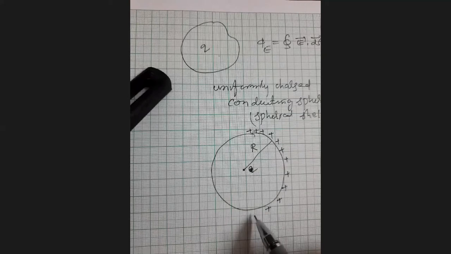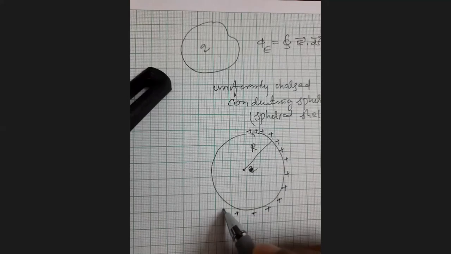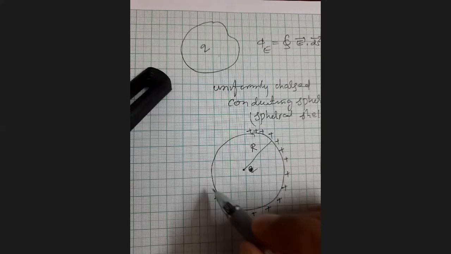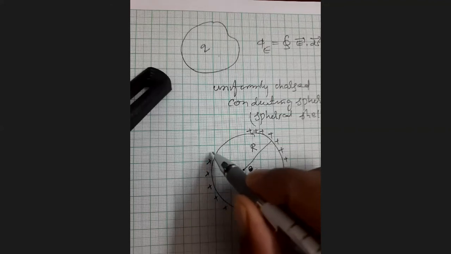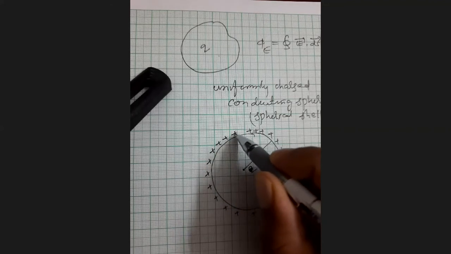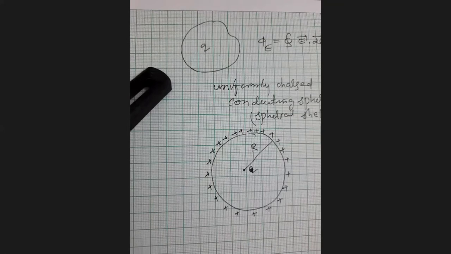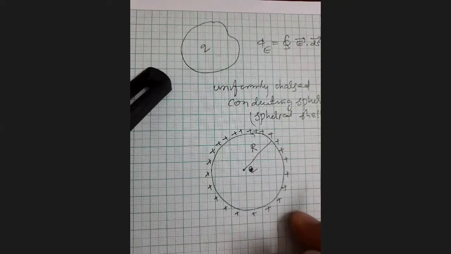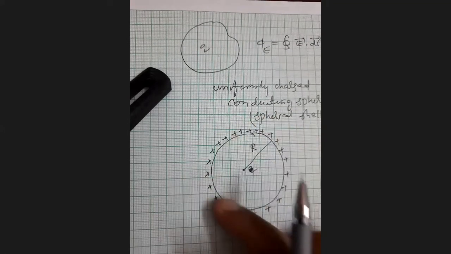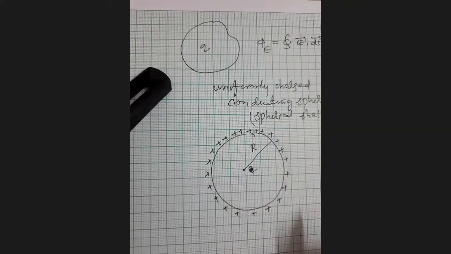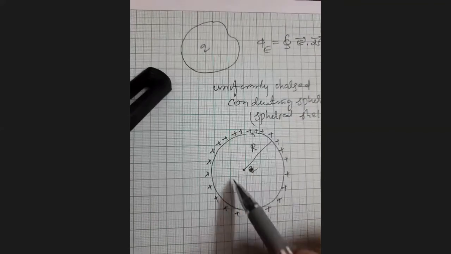When a conducting body is charged, then charge resides always on its surface. This is the important point here. Since we considered a conducting sphere, the charge is shown on the surface. There is no charge inside the sphere.